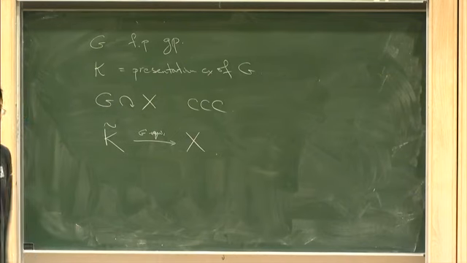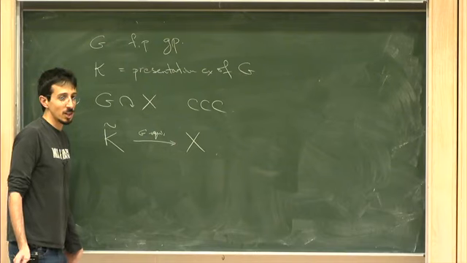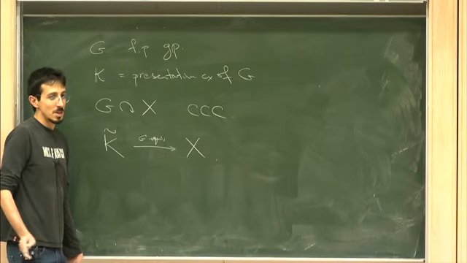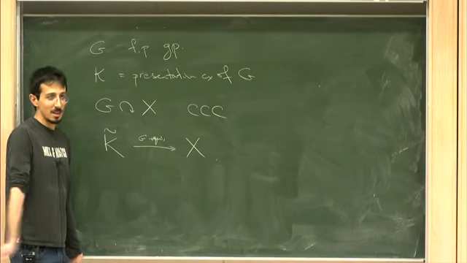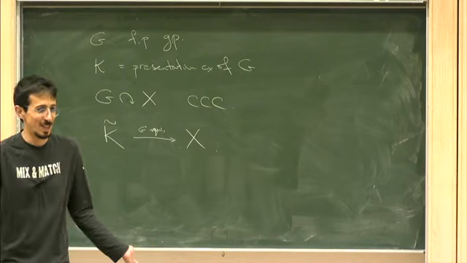We have some assumption on the action. So far, no assumption at all. But as we'll see, there are some pathologies in this thing. So maybe you pull back and you get a much uglier cube complex than what you started with.